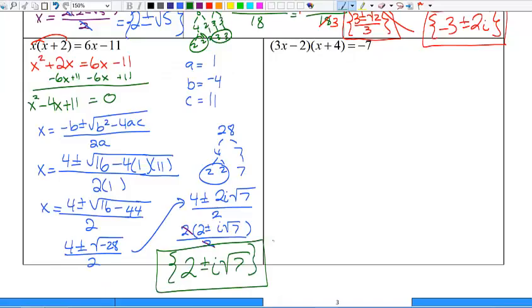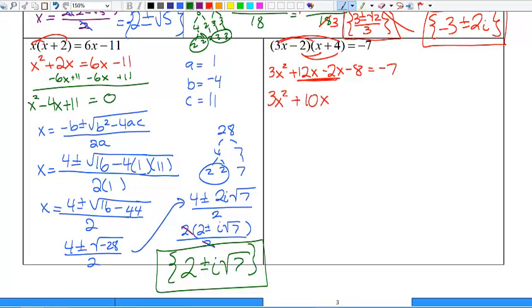On our last problem of this type, we're going to distribute to make this into standard form. So I get 3x squared plus 12x minus 2x minus 8 equals negative 7. I'm going to combine the two terms that are like on the left-hand side, which gets me 10x positive.